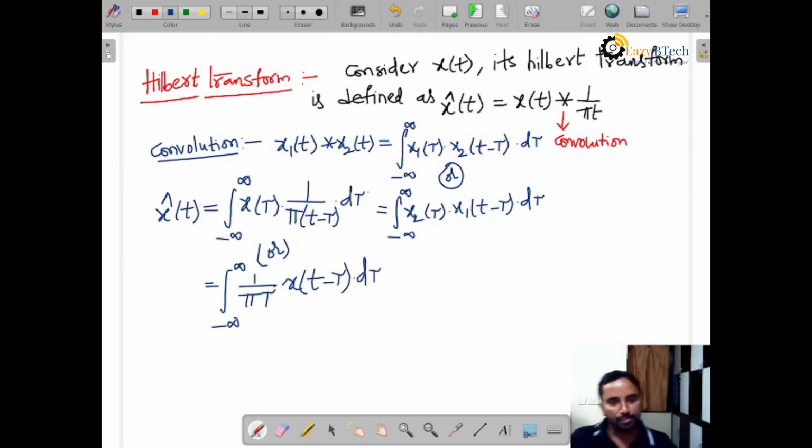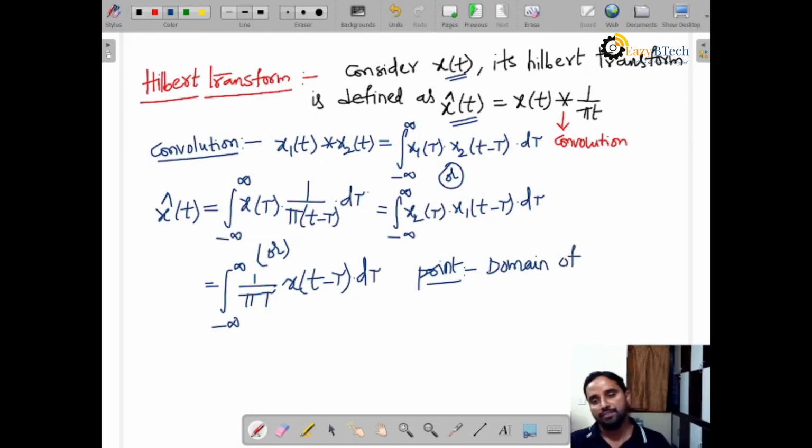And here I am going to mention one point. Hilbert transform does not change the domain of the signal. So before Hilbert transform, the signal is in time domain. After Hilbert transform also, the signal is in time domain. So domain of the signal does not change.